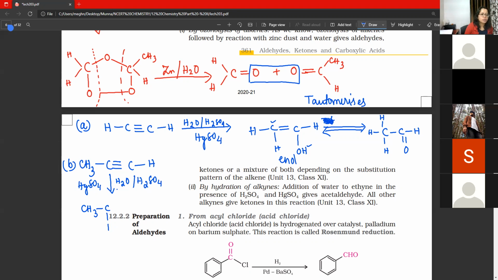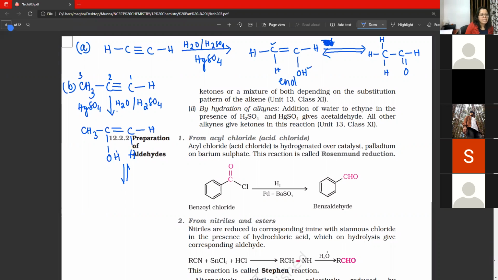As per Markovnikov's rule, what will happen? OH group will be attached to that carbon atom which has less number of hydrogen. So obviously, OH will be attached with the second carbon atom, double bond, and hydrogen will be attached with the first carbon atom. So further it will tautomerize to give us.